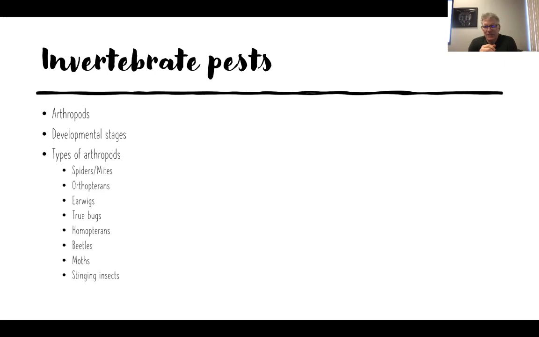Typically, the easiest stage is going to be when they're larvae or nymphs. The immature stages are much easier to control. Once they're in the egg stage, it's difficult because the egg has a semi-permeable membrane, meaning it'll allow gases and waste products to come out, but won't allow very much to come in.